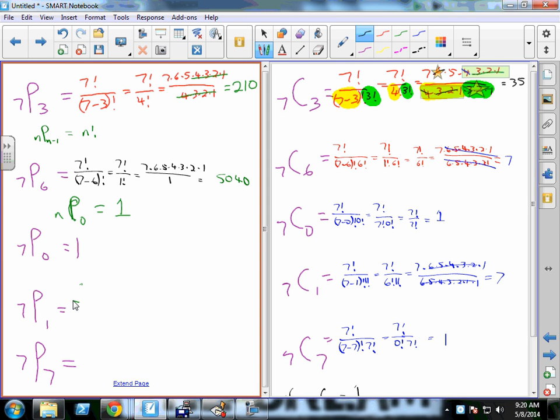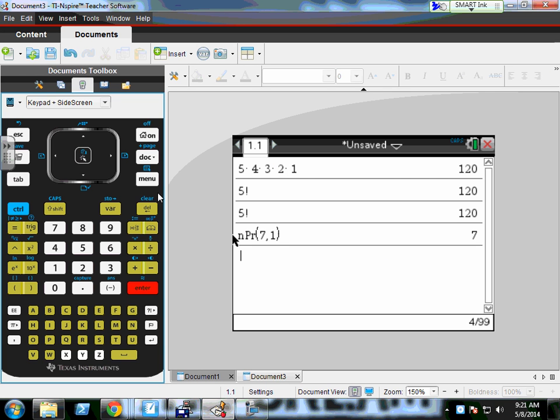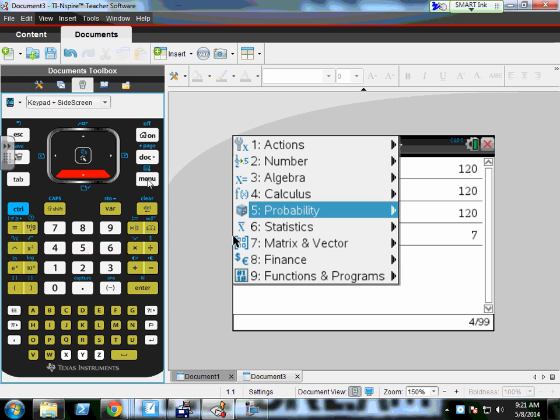There is another way on the Inspire to bring that up. So in general, NP1 is N. Finally, on the Inspire, another way to do this is go menu, probability.